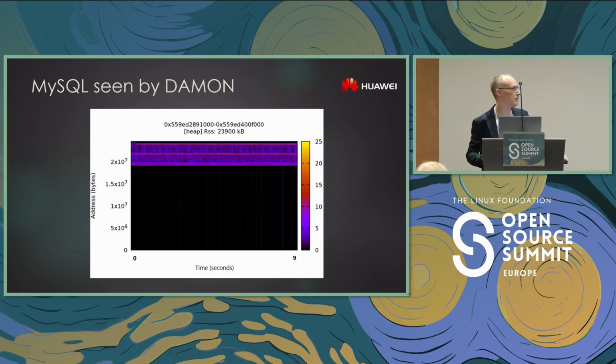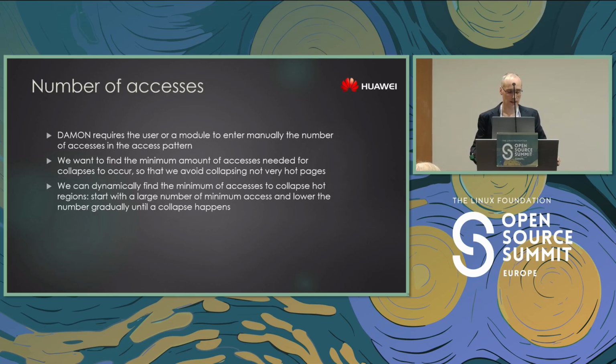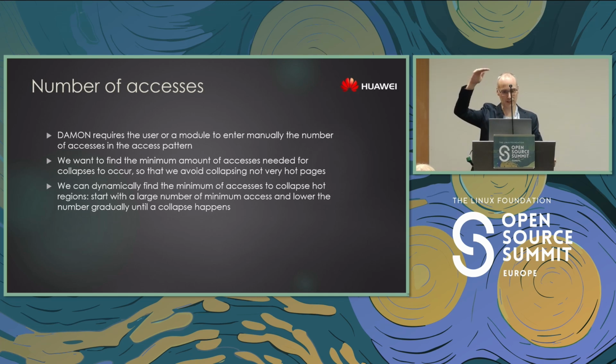Now the problem with Damon is that to apply the actions, there are some access patterns. The most interesting part is the minimum number of memory accesses per region to trigger that action. If that number of accesses is too high, we will end up wasting CPU cycles, because Damon will just run and effectively do nothing, since the bar is set too high.